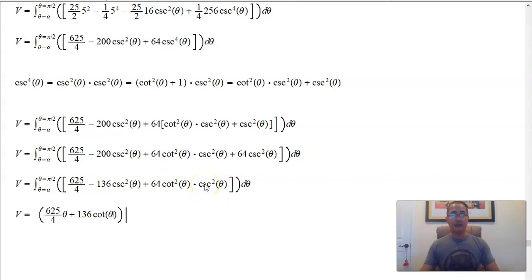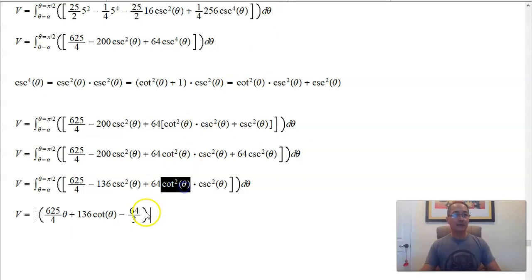So therefore you're going to get negative u cubed over 3. So you get minus 64 over 3 cotangent cubed.